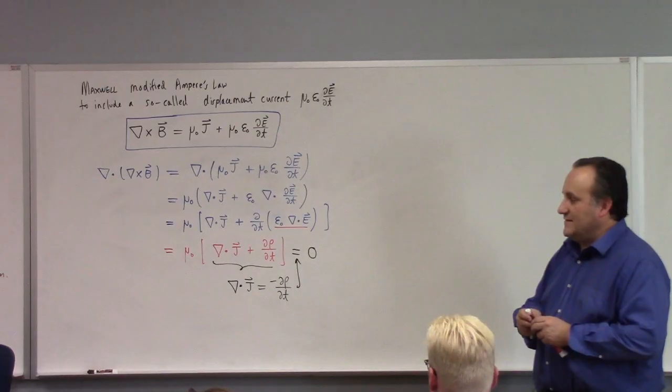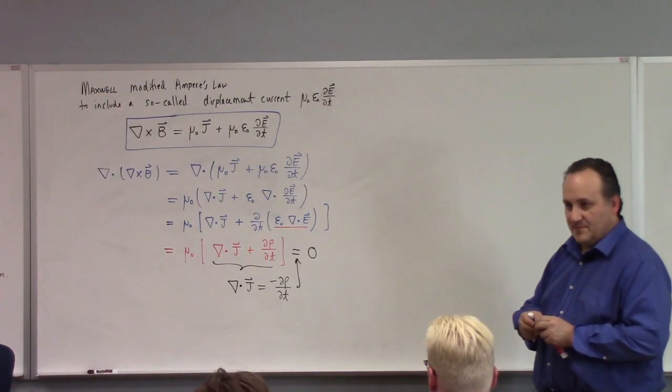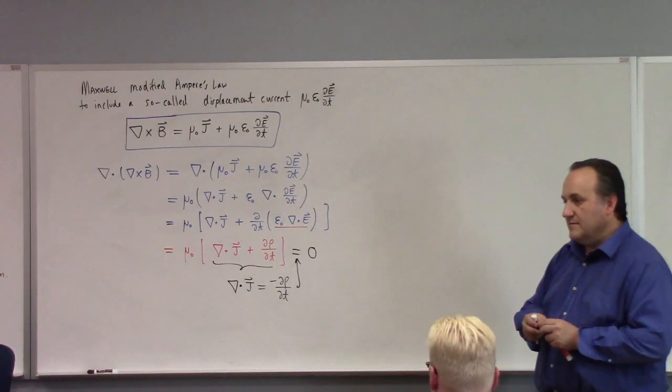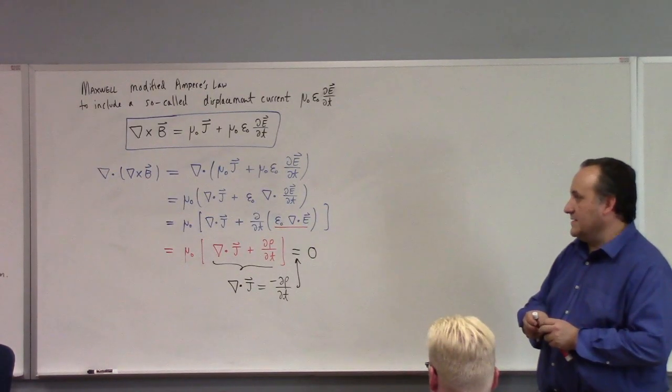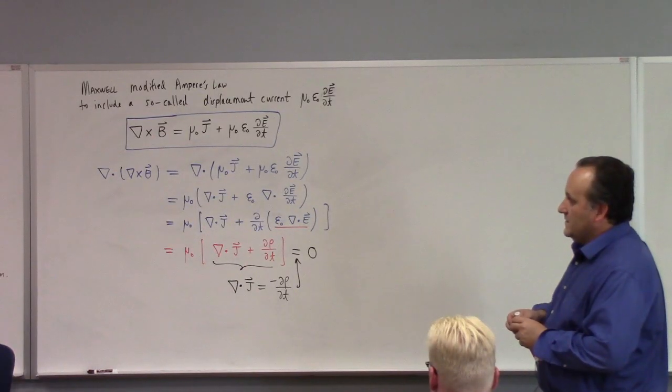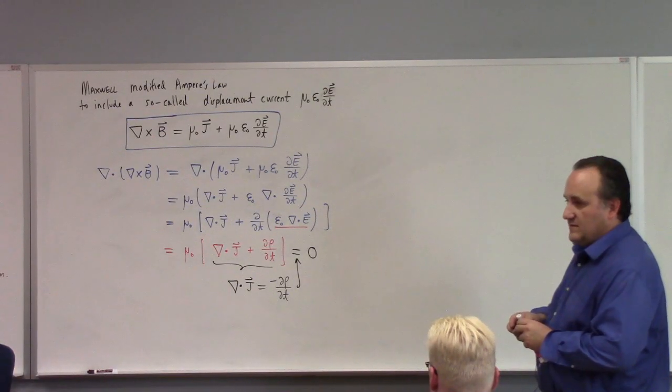Now, just because they're consistent doesn't make them true. Consistency isn't enough. There are all kinds of wackadoodle theories which are consistent, which are still wrong. But this also satisfies experimental tests and so forth.